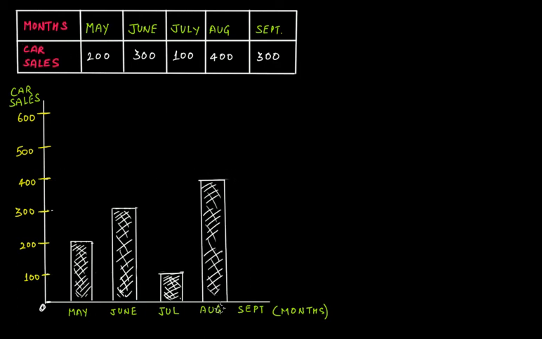For the month of August we have 400, and then for the month of September what we have? 300. So it should be similar to something like this.